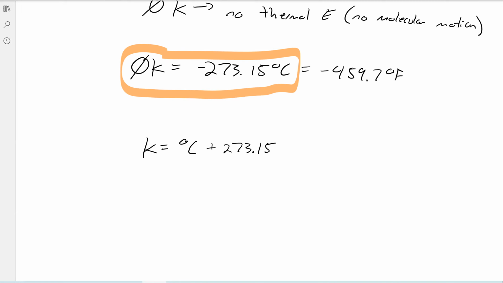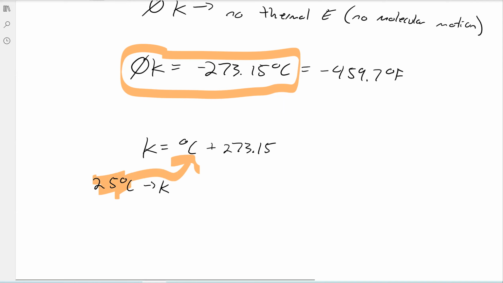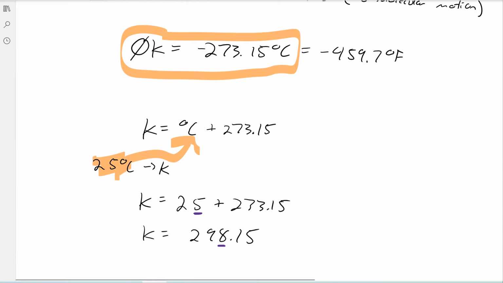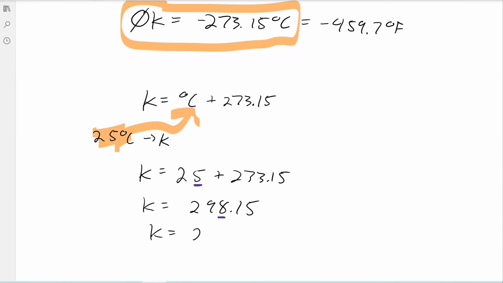For example, if we had 25 degrees Celsius and we wanted to convert that into Kelvin, we would take this 25 degrees, plug it right in there. 25 plus 273.15, and then you get 298.15. And then according to sig figs, since this is addition and subtraction, our uncertain digit is in the ones place. And so this would then round to 298 Kelvin.